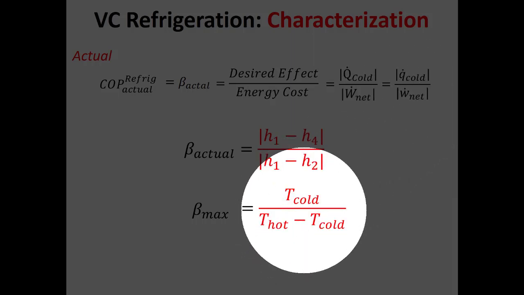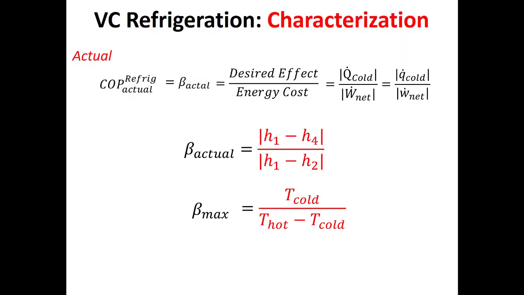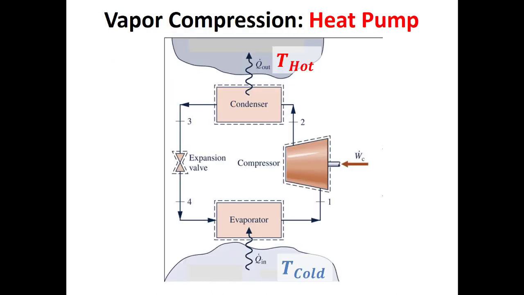And then we can get this as a ratio of temperatures, T cold divided by T hot minus T cold. Now remember here, the numerator is not a delta T, so you need to use absolute temperatures in the numerator. And I would essentially encourage you to always use absolute temperatures when you're finding Carnot coefficients of performance or Carnot efficiencies. So that's a refrigeration unit.